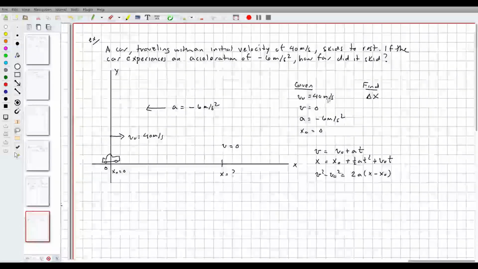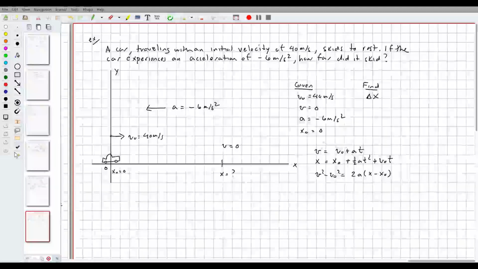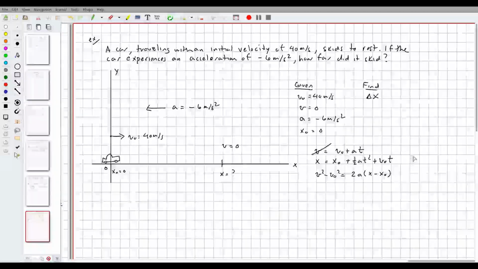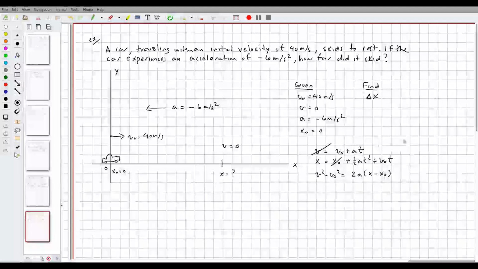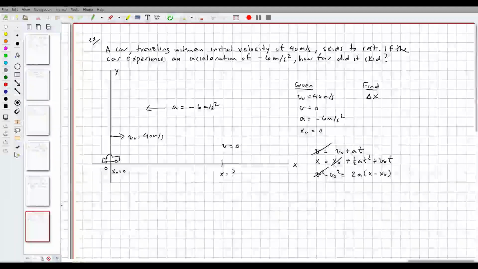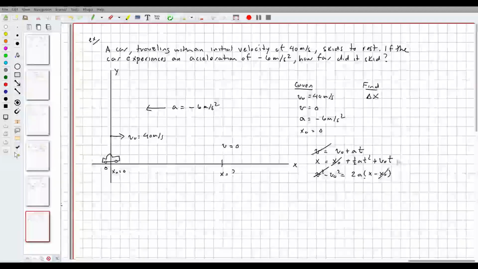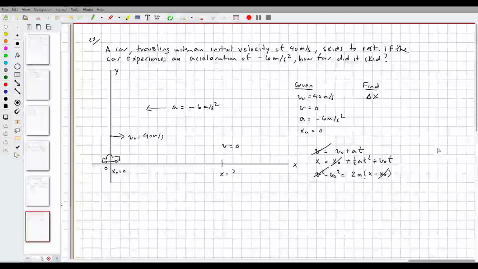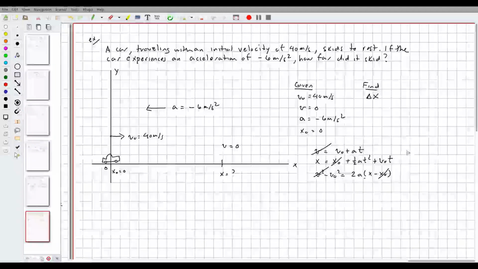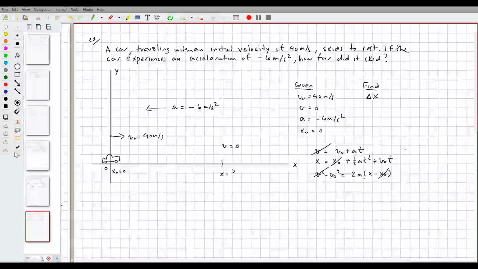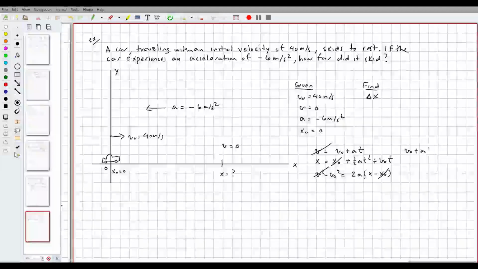Now, given the information that I have here, this goes away, this goes away, this goes away, and this goes away. So if I rewrite these equations, I have V naught plus AT is equal to 0.